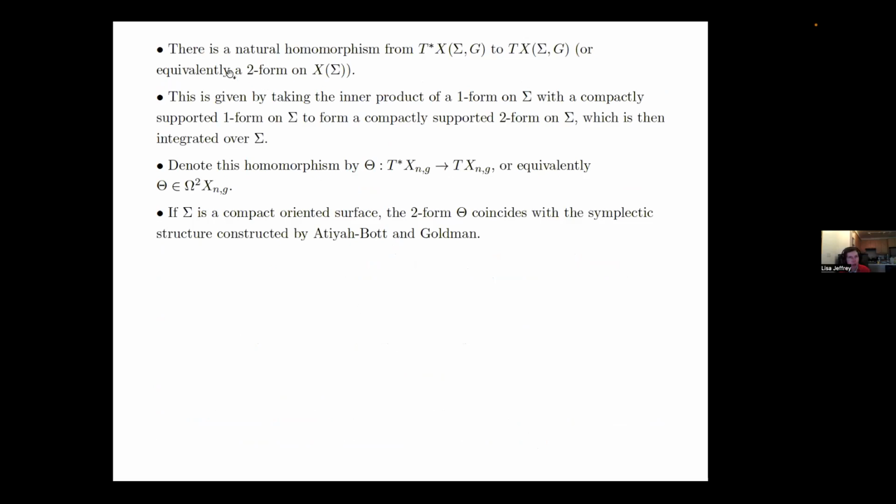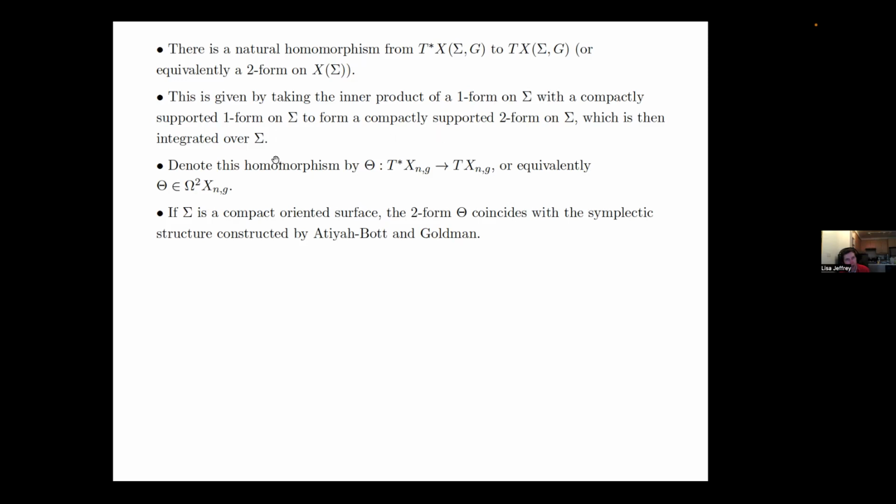There's a natural map between the cotangent bundle and the tangent bundle. Equivalently, there's a two form on the character variety. This is obtained by taking the wedge product of a one form on the surface, which would be a vector bundle valued one form, with a compactly supported one form, and that gives you a compactly supported two form.